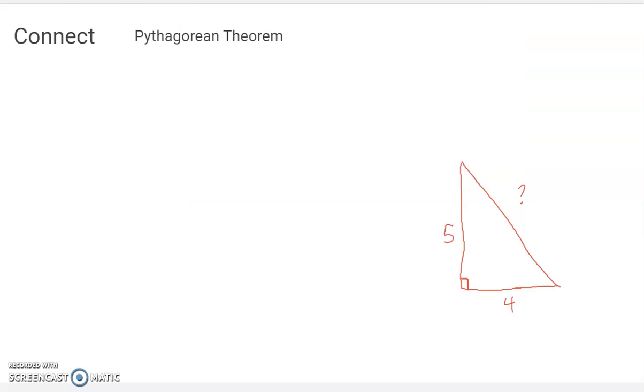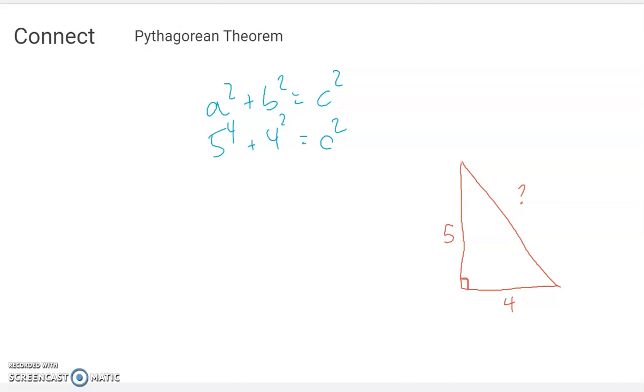And we would use it to find the missing side of a triangle, kind of like this. So if one side is 5, we can do our a squared plus b squared equals c squared, leg, leg, hypotenuse. The legs are 5 and 4. Add those up, you get whatever c squared is.